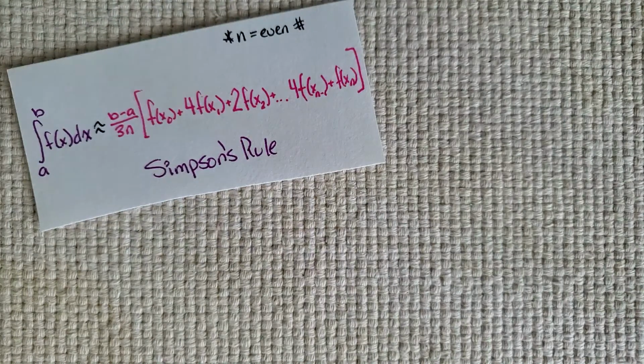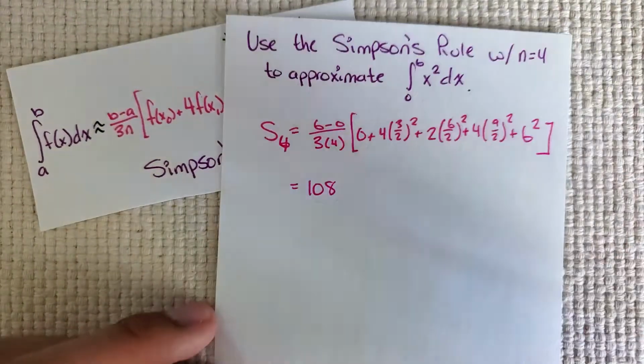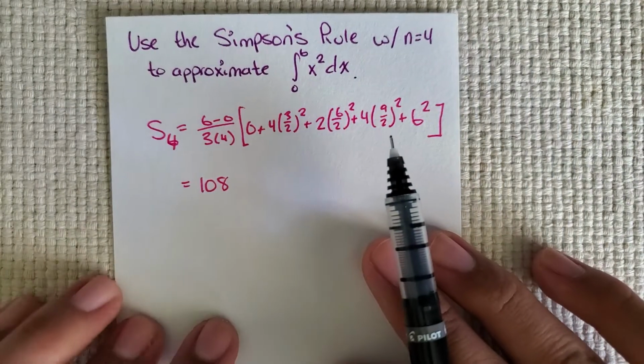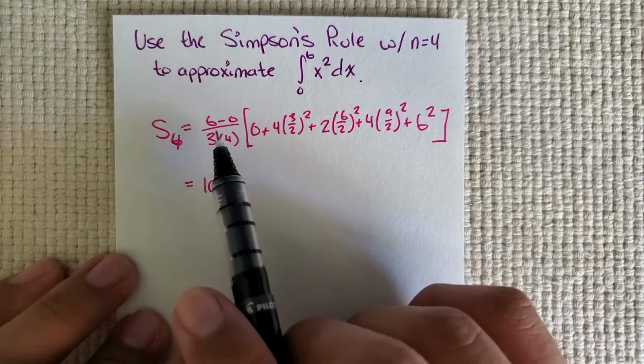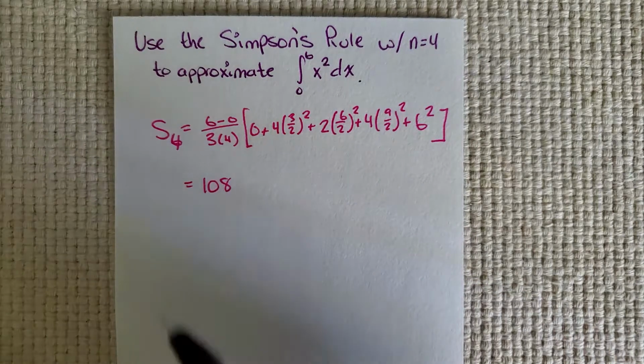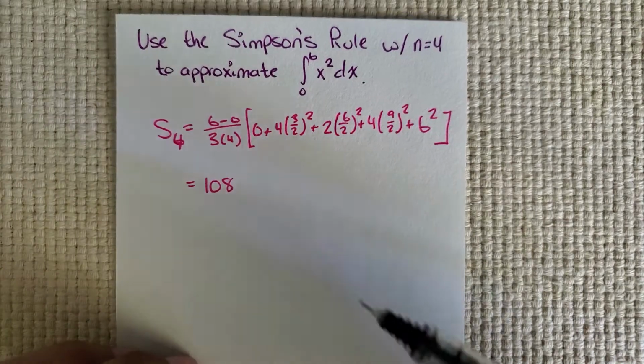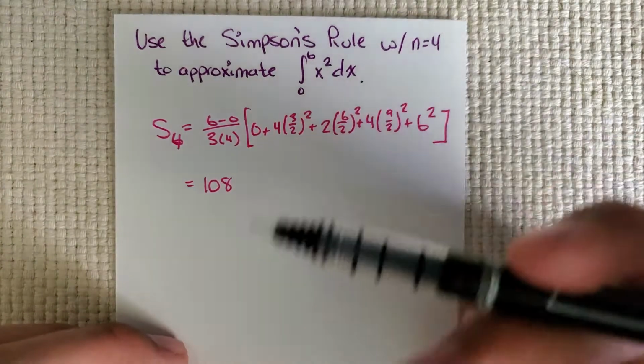One way to see this is through the example we did previously, now with Simpson's rule. We're going to use that same function, that same integral, and approximate it even more. So 6 minus 0, we still get 6, but instead of using 2 times 4, we'll use 3 times 4, which is 12. So 6 over 12, that's a simple half.